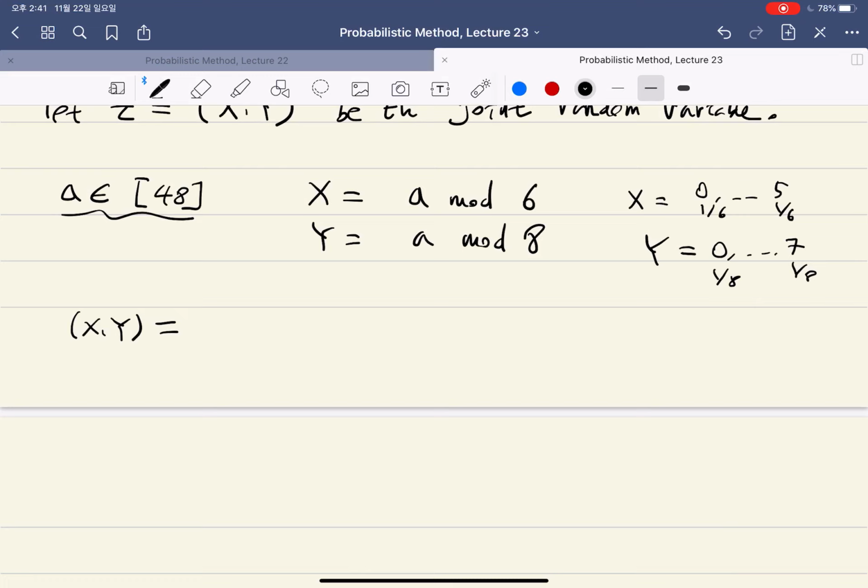So for example, it would never take a value which is, say, (2, 1).